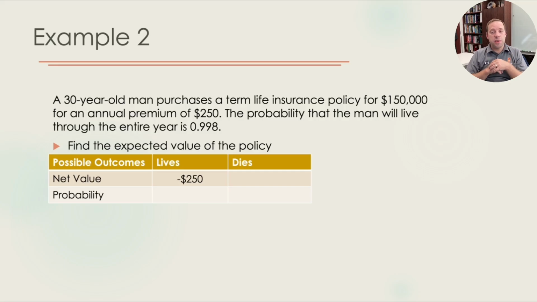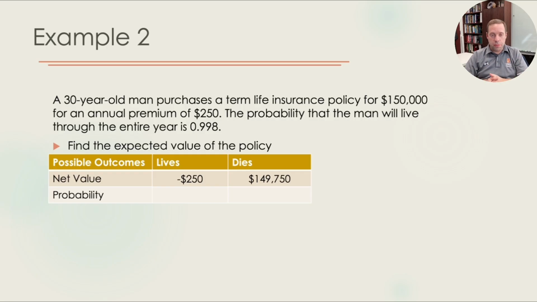But if he dies, what does his family get? His family gets $150,000, right? Well, almost. They get $150,000, but they lost the $250 they had to pay in premiums. So that means that on the whole, their family gets $149,750.